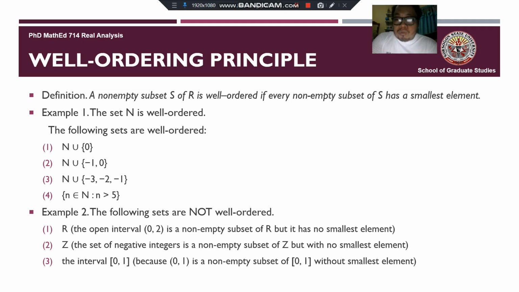For number 2, we have the set of negative integers. Both 1 and 2 are non-empty subsets, but they don't satisfy the second condition, having the smallest element. So for number 2, again, it doesn't contain the smallest element. Why?